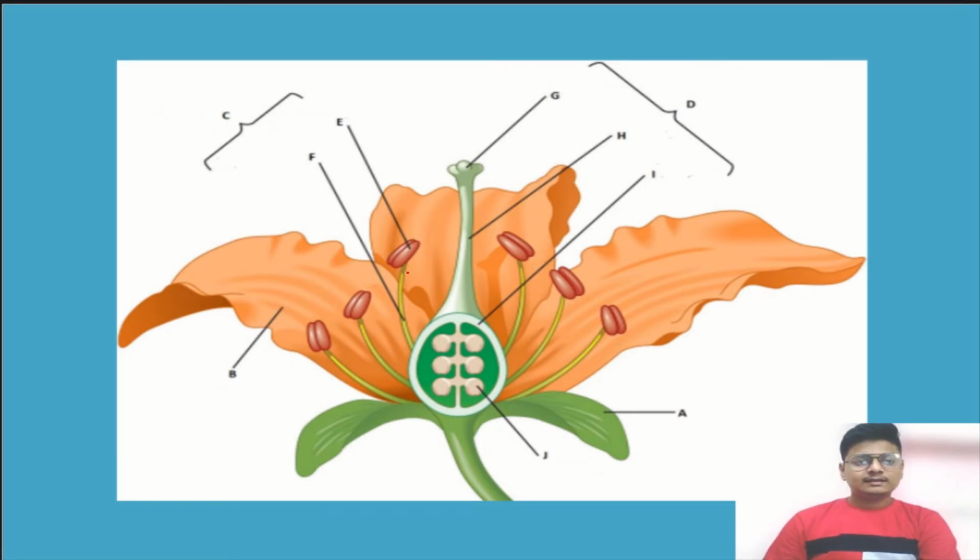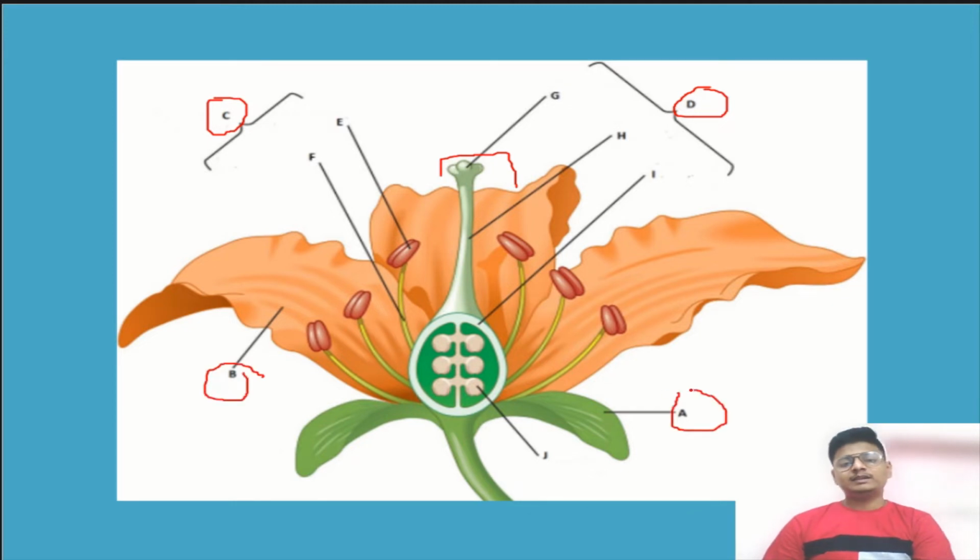See, this is the female part, G, H, I, and this total D is the female part and this C is the male part. And we know about this B and A. This is normally sepals and petals. So you all have to label these things. What are the reproductive parts?